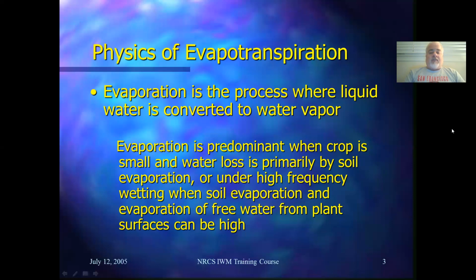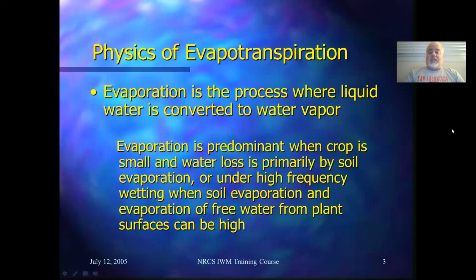We also have evaporation under high frequency wetting, when the soil evaporation and evaporation of free water from the plant surfaces can be high. So if we're constantly watering and the soil surface is really wet, or if we're sprinkling and the plants are really wet, we can lose a tremendous amount of water to evaporation.